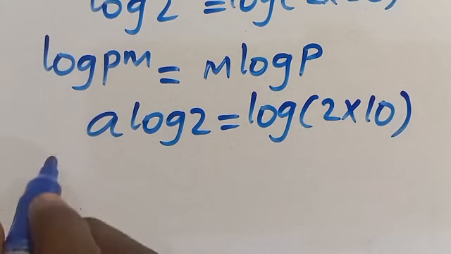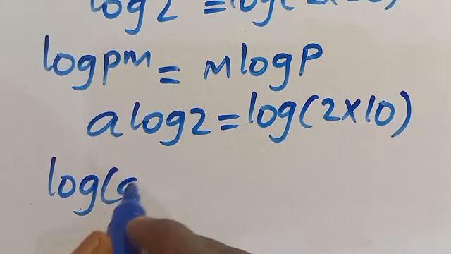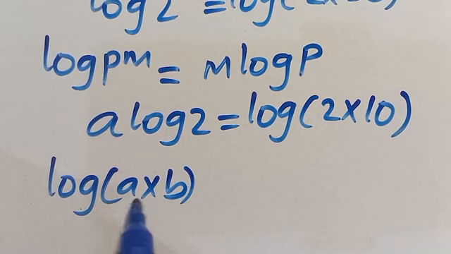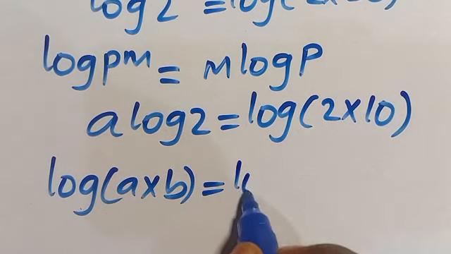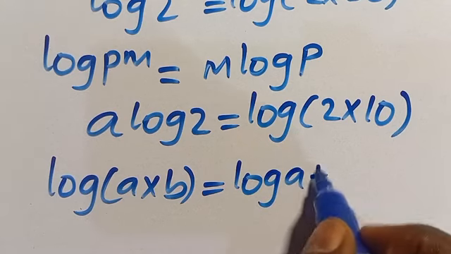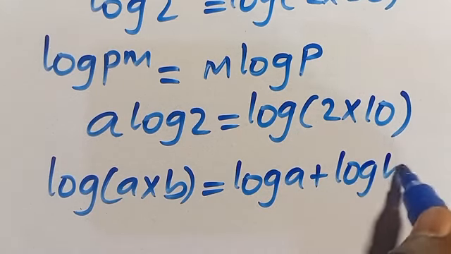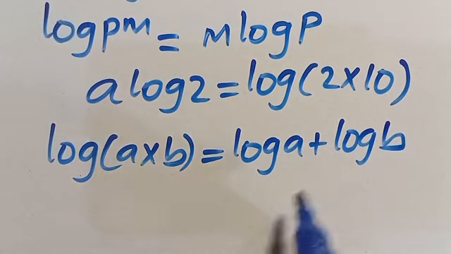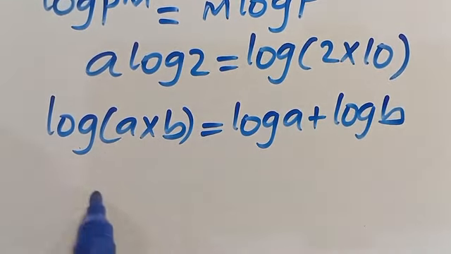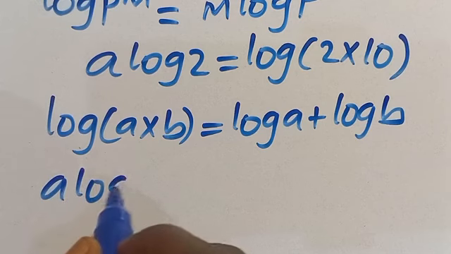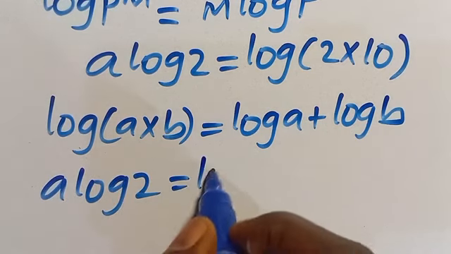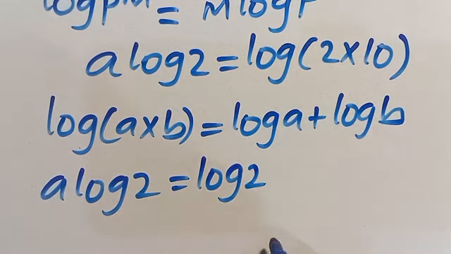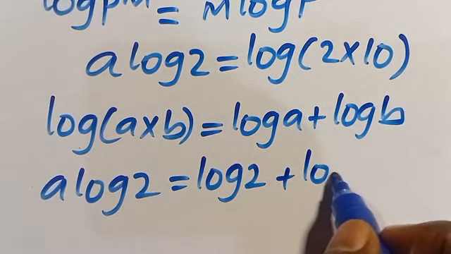So from here, recall also that when we have log of a times b in parentheses, this equals log a plus log b. Applying it here, we are going to have a multiplied by log 2 equals log 2 plus log 10.